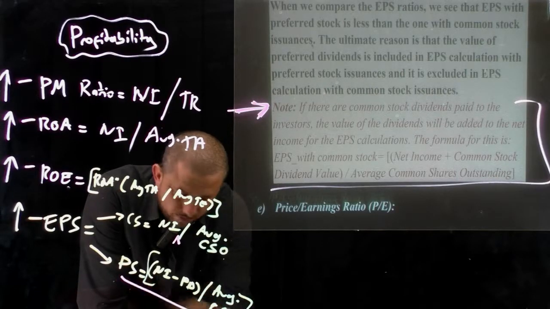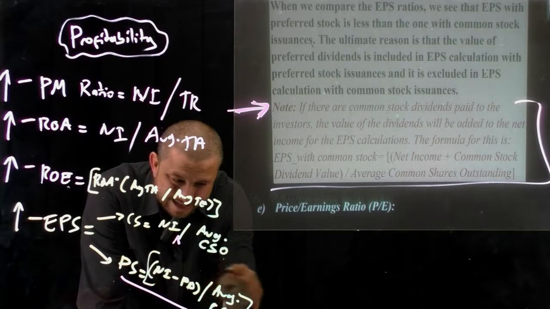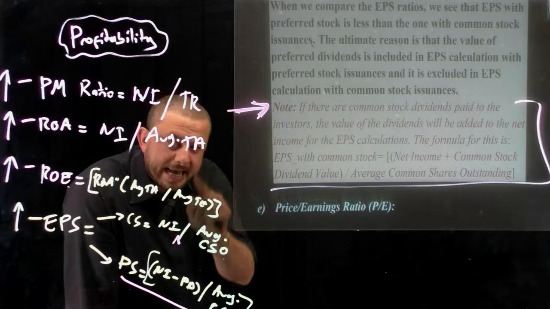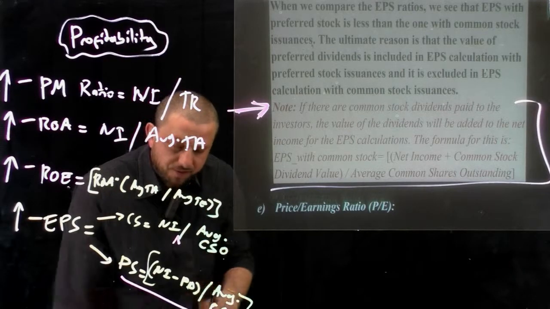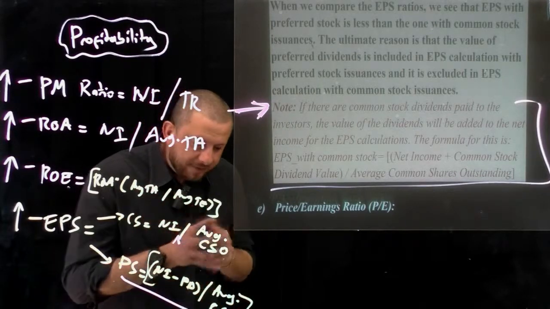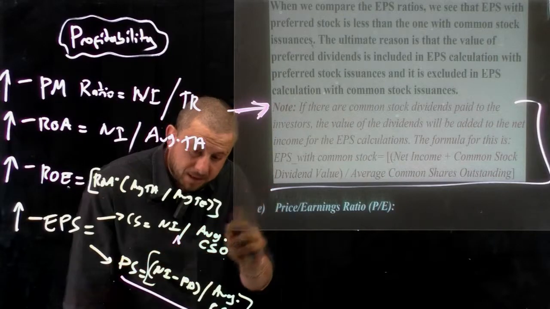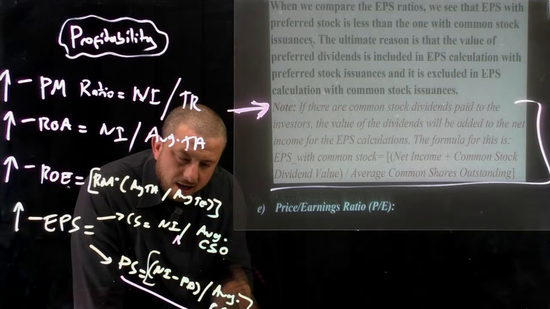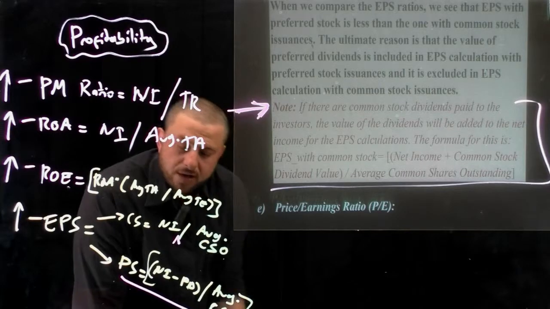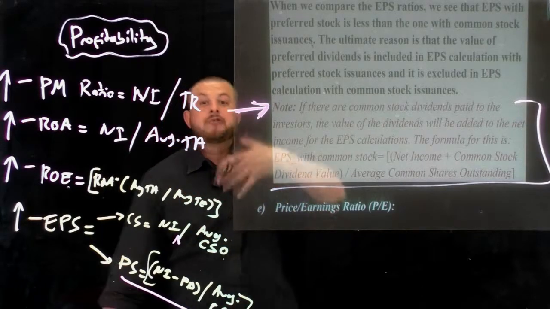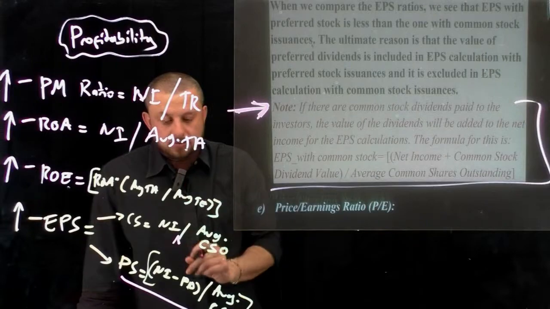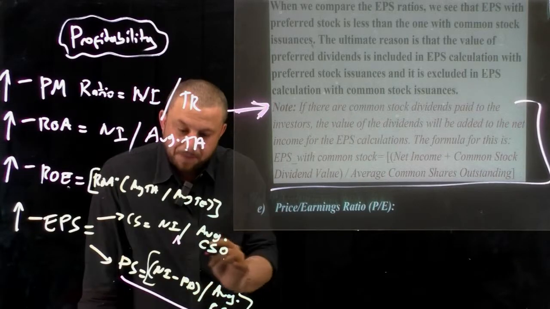It's always like this. It never changes. But the EPS common stock equation can change. Why? Because preferred dividends are fixed dividends. They have to be paid to the investors all the time. But common stock dividends are under the company's discretion. Therefore, they don't have to be paid to the investors frequently, like quarterly. These dividends are paid quarterly.